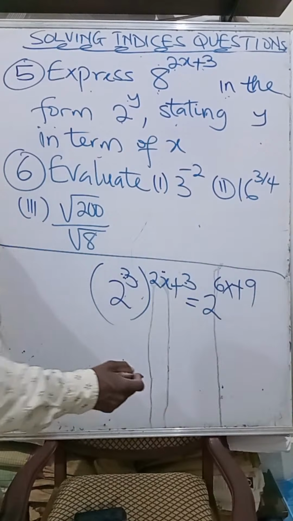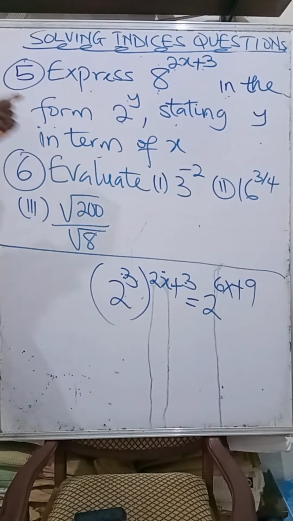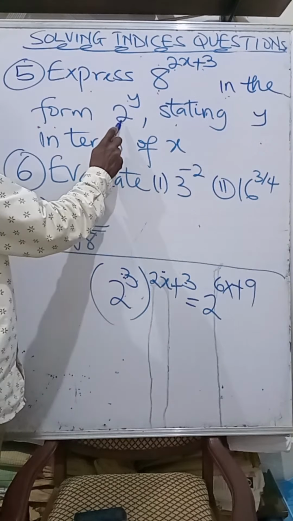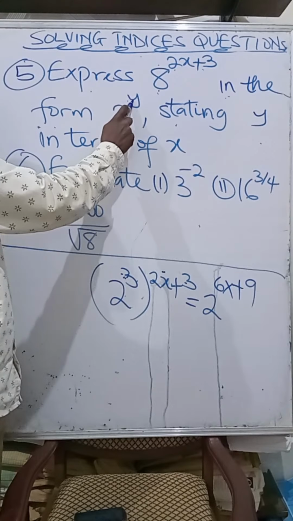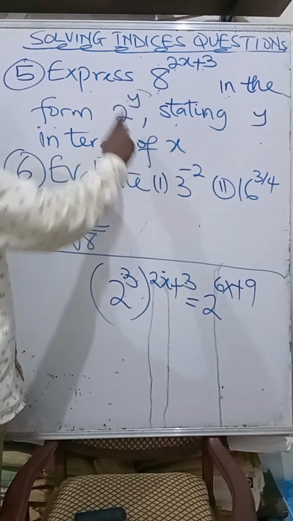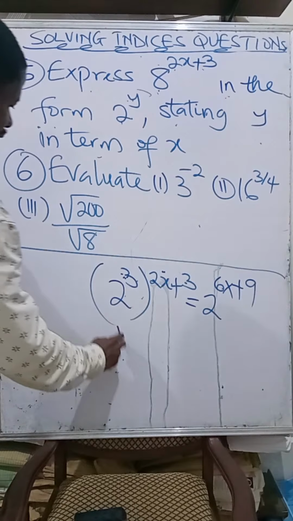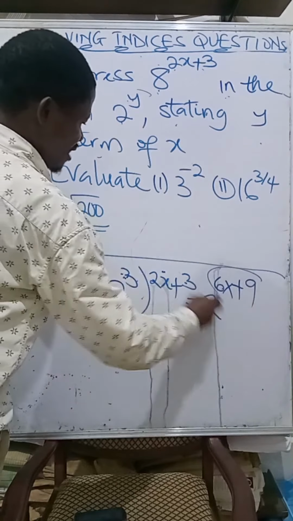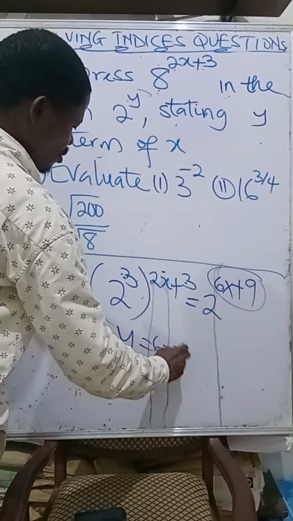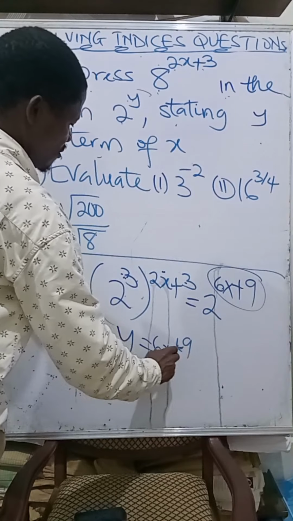Plus 9. Okay? Since you've been told to express in form of 2 to power y, whatever expression you have on top, that is your y. Stating y. So y is equal to 6x plus 9.